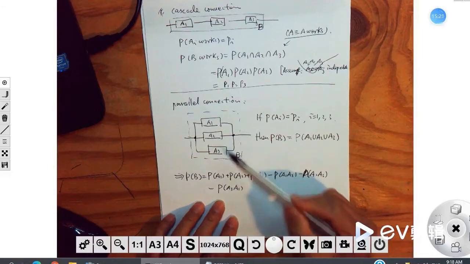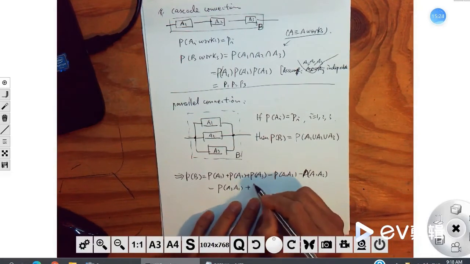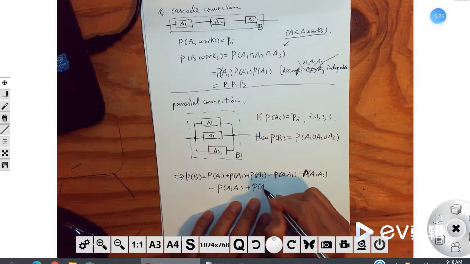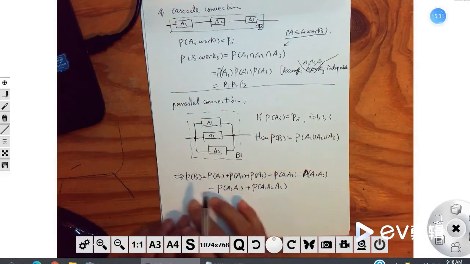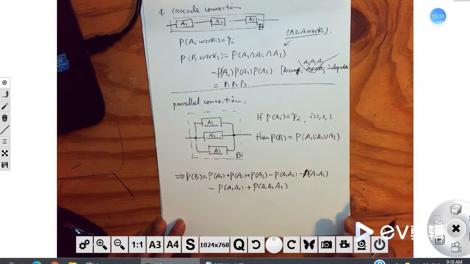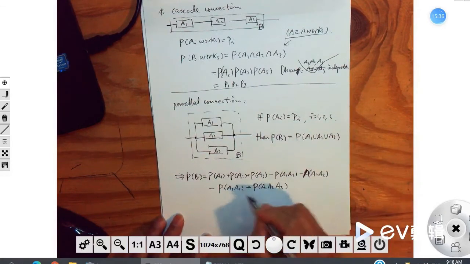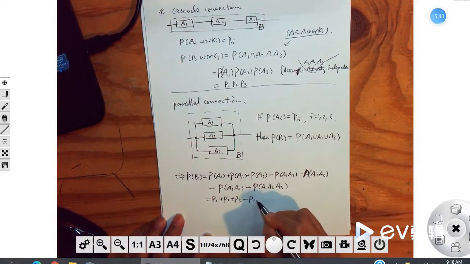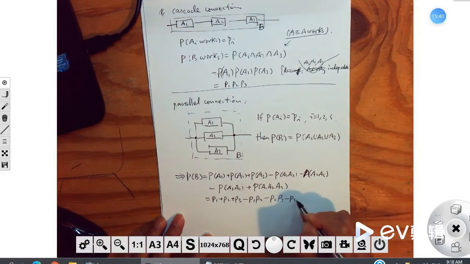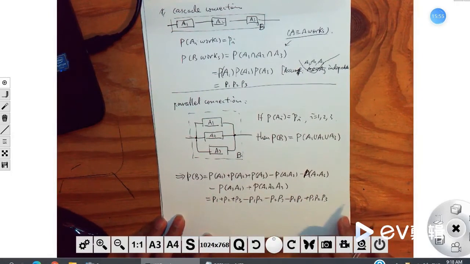And plus the whole intersection, A1 intersection with A2 with A3. Of course, you can write it out. This is P1 plus P2 plus P3 minus P1P2 minus P2P3 minus P3P1 and plus P1P2P3. Now you have the formula looks like this.